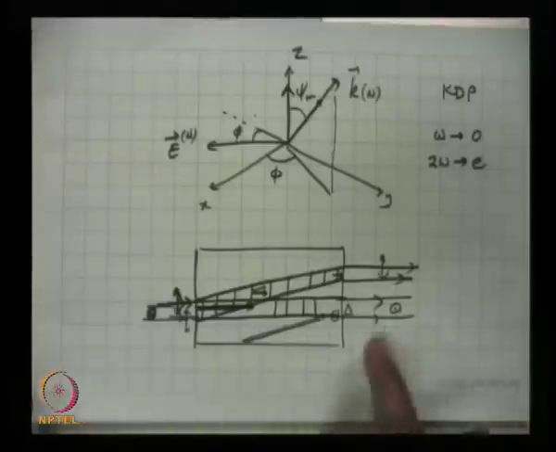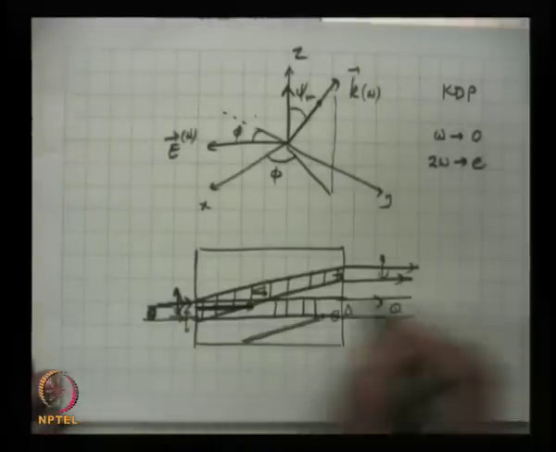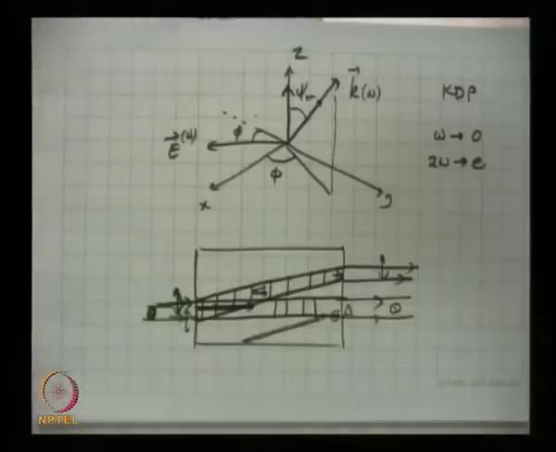The plane containing this beam and this beam is the plane containing the optic axis. So this is how I visualize a beam of finite cross section: the ordinary wave will move like this, the extraordinary wave will move like this at an angle, and I showed you that in a picture.